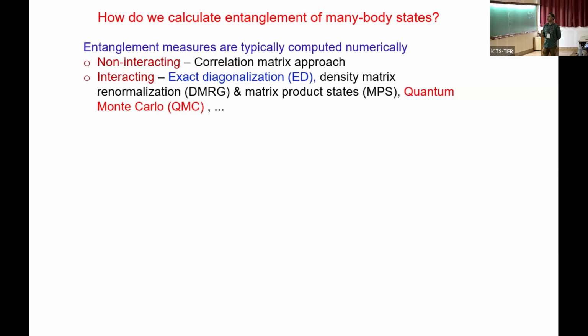DMRG, for example, has a particular ansatz for the wave functions, so it typically applies well to one-dimensional systems for ground states. And quantum Monte Carlo you can only do in imaginary time, Euclidean time, and as a result you can't get real-time information, and it's also quite limited by the accuracy and other things.